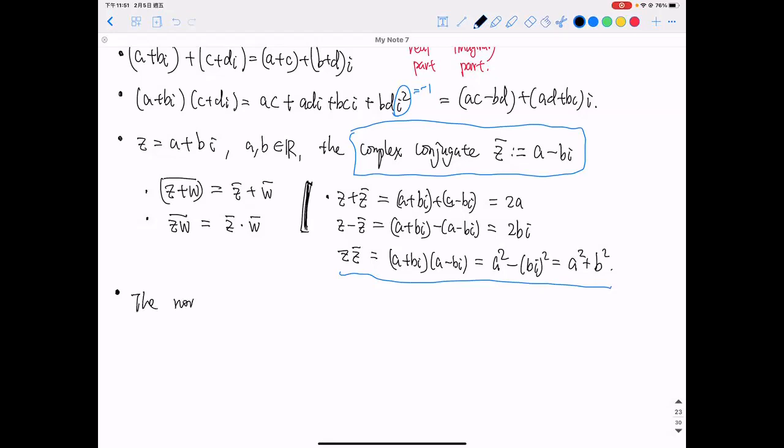The norm of a complex number z, the notation looks like the notation for absolute value, is defined to be the square root of real part squared plus imaginary part squared. This is the same as the square root of z z bar, or z bar z, if you like.